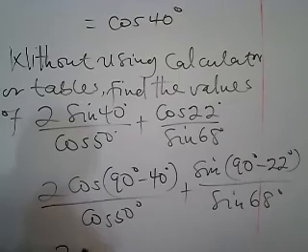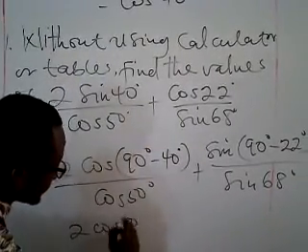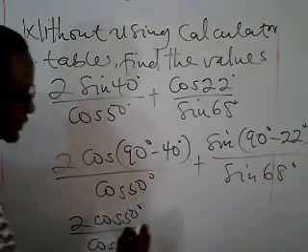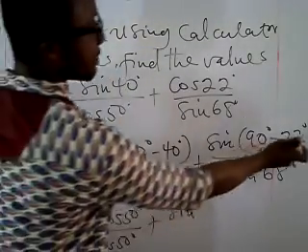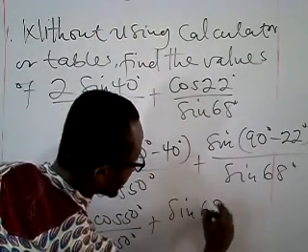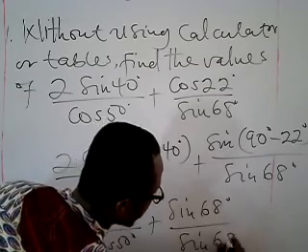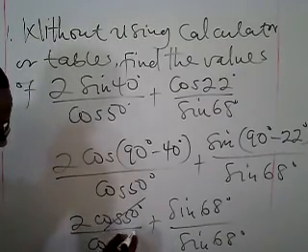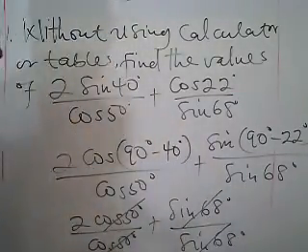So you write our 2 cos, 90 minus 40 is 50 degrees, over cos 50 degrees, plus sine 90 minus 22 will give us 68 degrees over sine 68 degrees. Now it looks very simple. We can do cancellation. So cos 50 will cancel cos 50. Sine 68 also cancels sine 68.